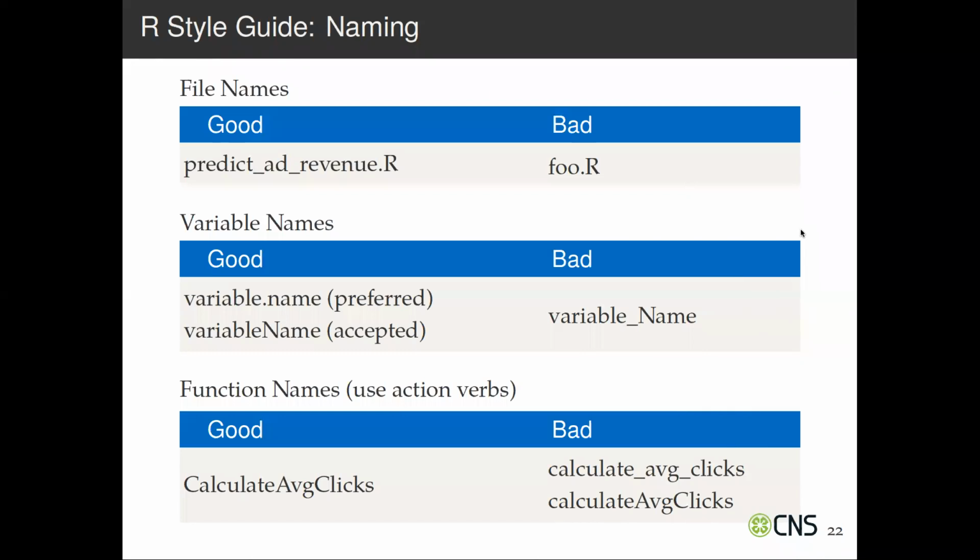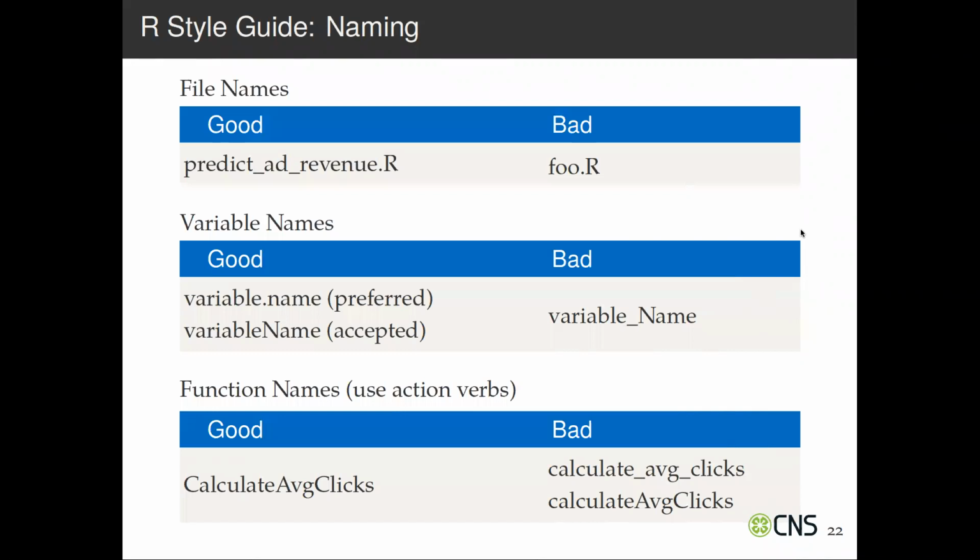How about the capital letter style? Two people. How many use variable underscore name? I've done it, so it's bad. But now we just need to structure our variables in this way. You know why? Because there's a difference between your variable name and a function. If we follow the same convention, we know when it's a function and we know when it's just a variable.